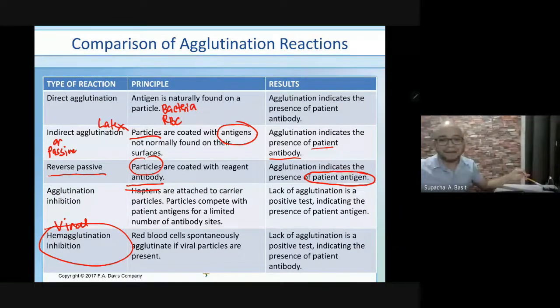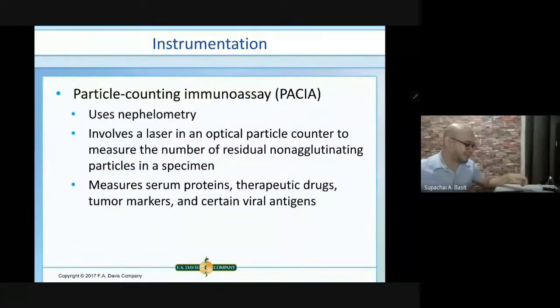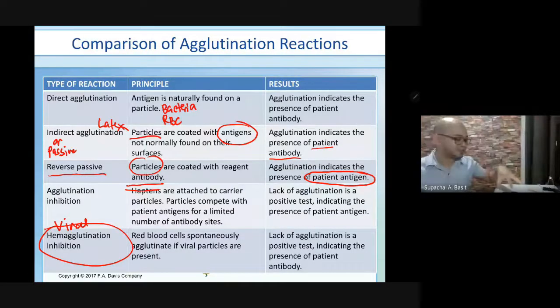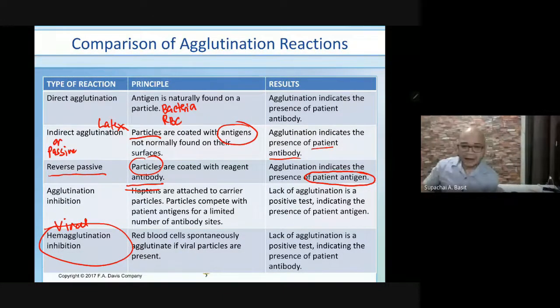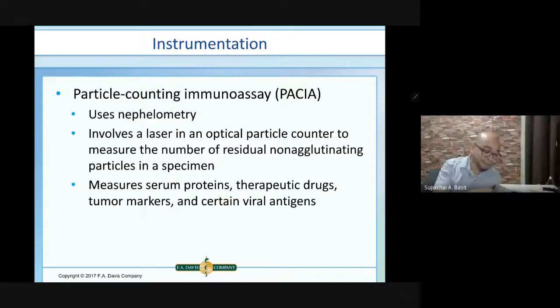The types of agglutination reactions are clear. But do you know that majority of these agglutination reactions are actually being observed using our naked eye? However, there is an instrumentation available for agglutination reaction, and this is the PACIA, the particle counting immunoassay, which utilizes the principle of nephelometry. So remember, the principle of nephelometry is the measurement of scattered light.